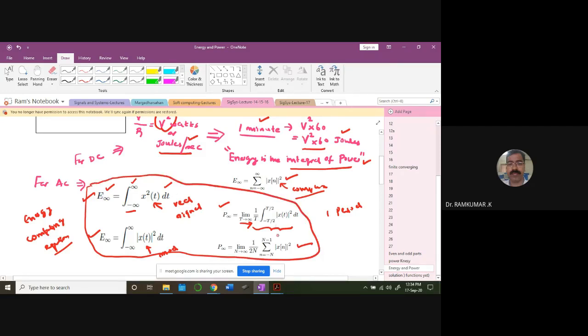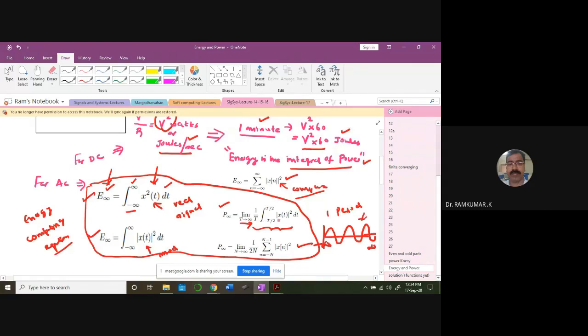Now let us try to think about this a bit. Let us imagine my signal x square t I am writing here. I am going to compute the energy for the signal. My signal is a periodic waveform like this, going from minus infinity to plus infinity.